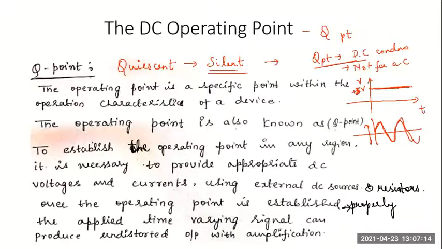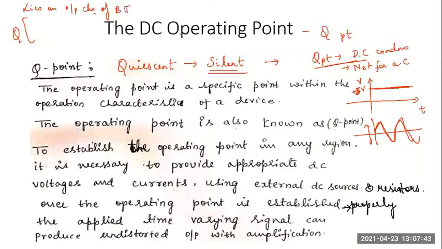Okay. So we can have an operating point for AC also, which we will see in one of the later modules. Here we are talking of Q point, which always fixes the DC conditions of the circuit. And what are the coordinates of this Q point? This Q point, please remember, lies on the output characteristics of BJT.